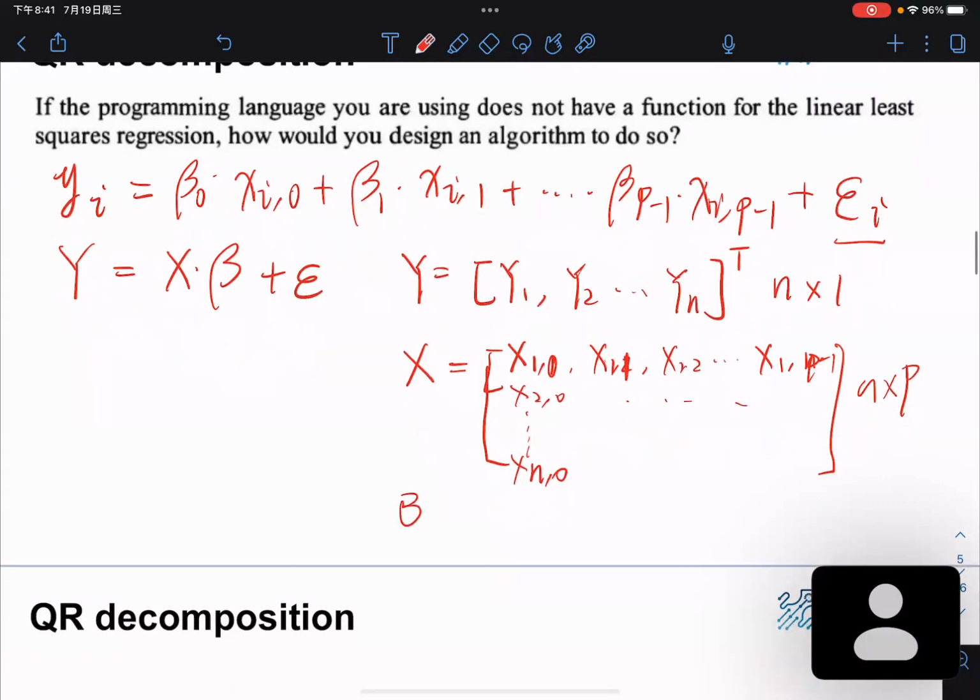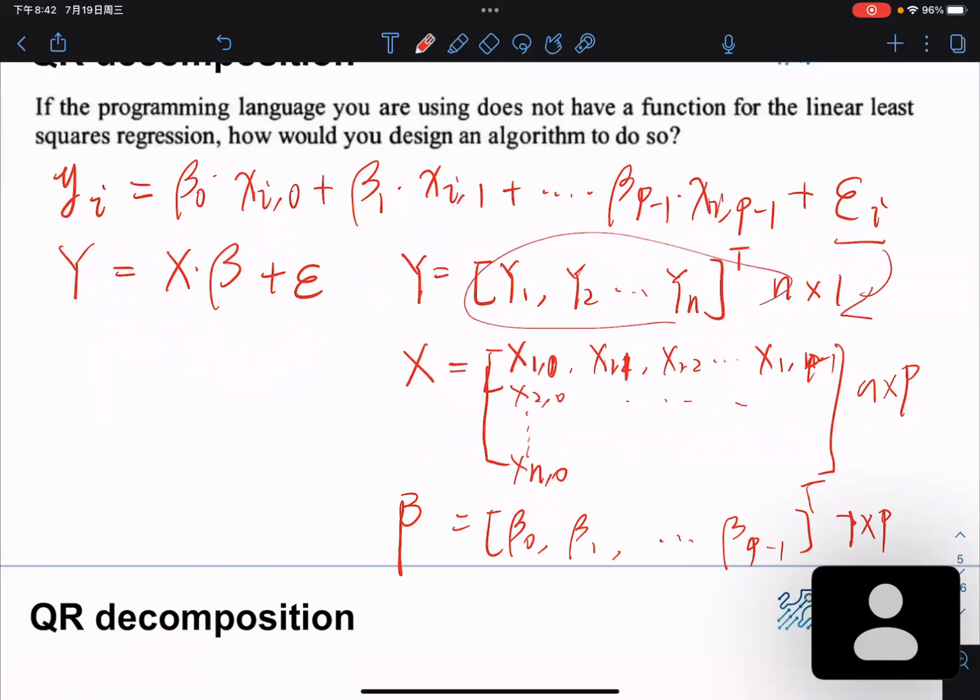We also have beta, which is beta 0, beta 1, all the way to beta p minus 1, a p by 1 vector, the beta transposed. And epsilon has the same format as Y, also an n by 1 matrix.